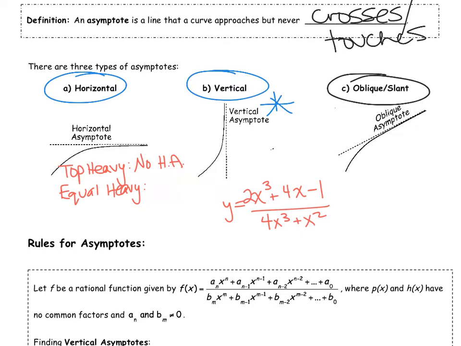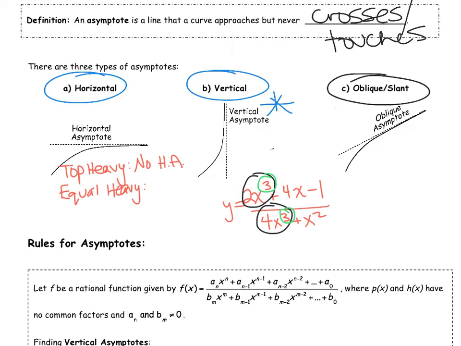So if we look again at that leading term, we have that 2x cubed and the 4x cubed. This is equal heavy. The highest degree of the numerator is 3, and the highest degree of the denominator is 3. So what we do here when we have equal heavy exponents, we take the ratio of the leading coefficients.